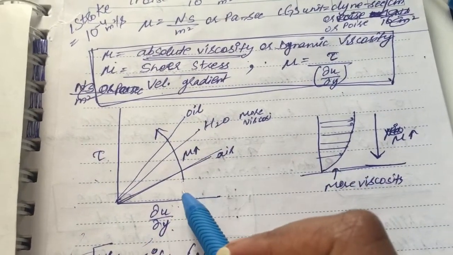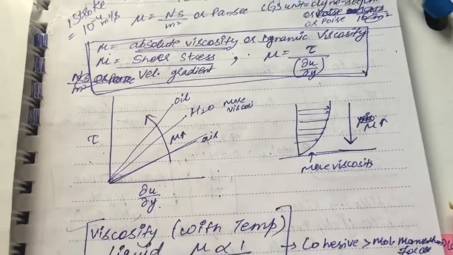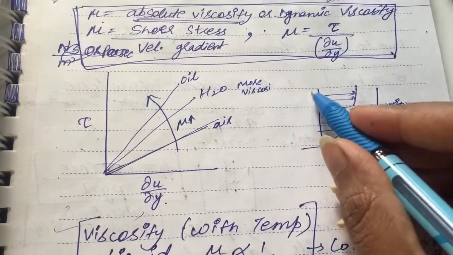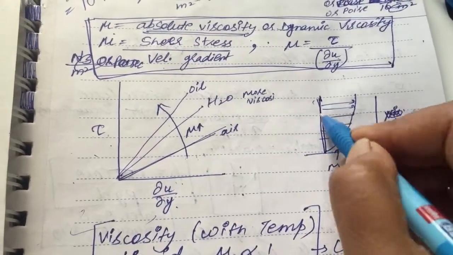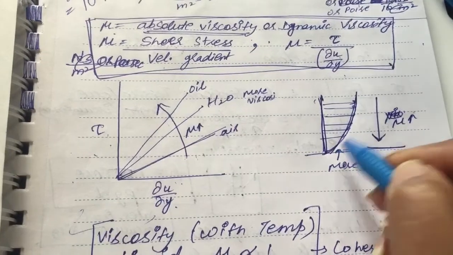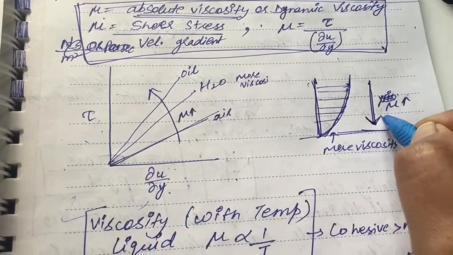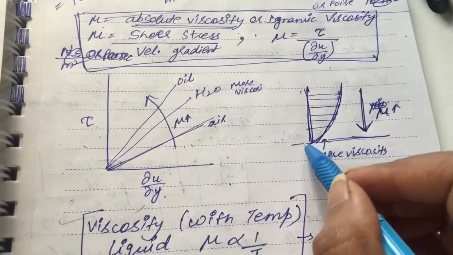So our absolute viscosity is increasing in this direction. And for boundary layer flow, if the fluid is flowing, then we draw a velocity profile in this manner. So our absolute viscosity increases in downward direction.